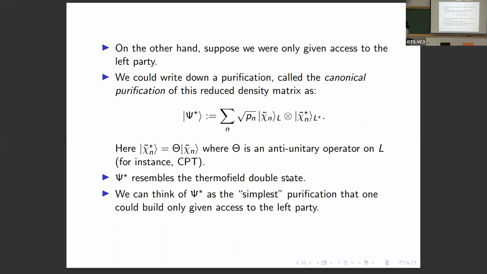You might notice that the state psi star resembles the thermofield double state, and indeed, the thermofield double is the canonical purification of the thermal ensemble. In some sense, you can think of psi star as the simplest purification that you could build if you only had access to the left side of this initial bipartite state psi, where the word simplest is in quotes. It's not used in a technical sense.